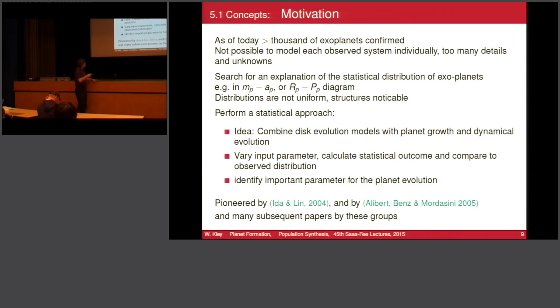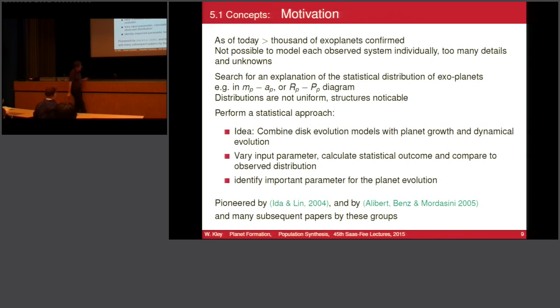And of course, among the limitations, you start out with some already grown population of bodies, which are big enough that you can continue from there. You vary the parameters, I will talk about some of them, calculate the statistical outcome and compare it to the observed distribution.